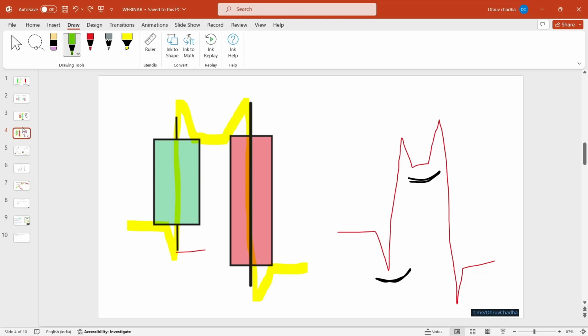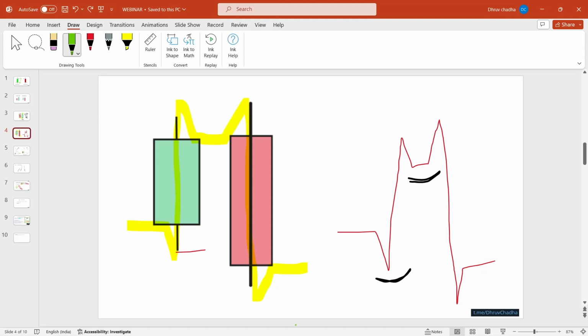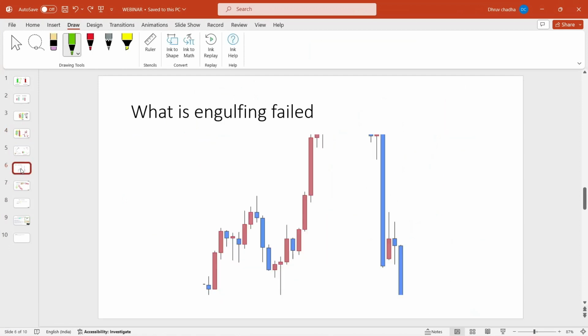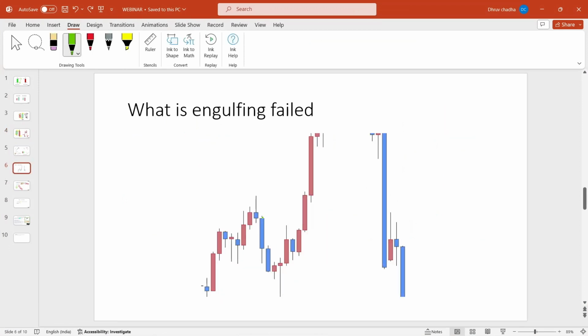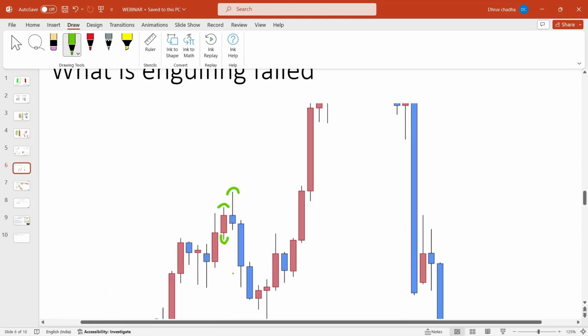Let me go into the chart. Okay, here is an example. So this candle's high and this candle's low being engulfed by the next candle is what we call a perfect engulfing candle.